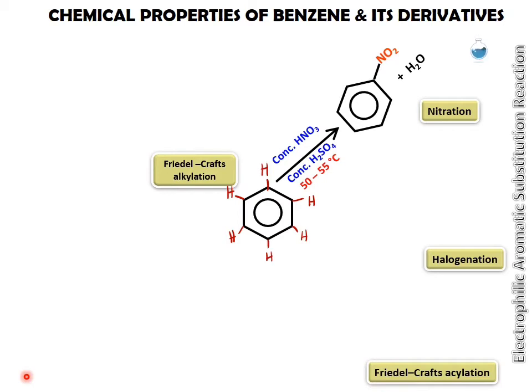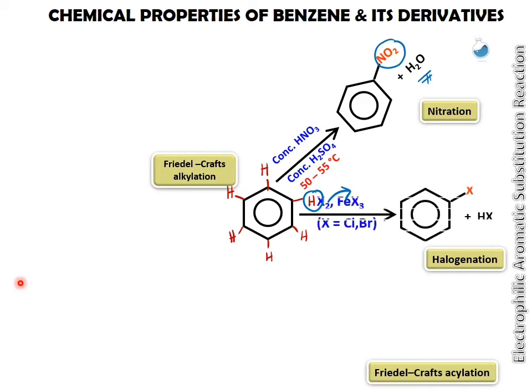Tengok saya dah kata substitution. So maksudnya one of the hydrogen will remove and replace with nitro group. Okay, contoh hydrogen dekat sini kita akan keluarkan dan kita akan gantikan with NO2. Nampak tak? Why the side product is H2O? Later kita akan belajar lah. Boleh? Okay, next we have halogenation.